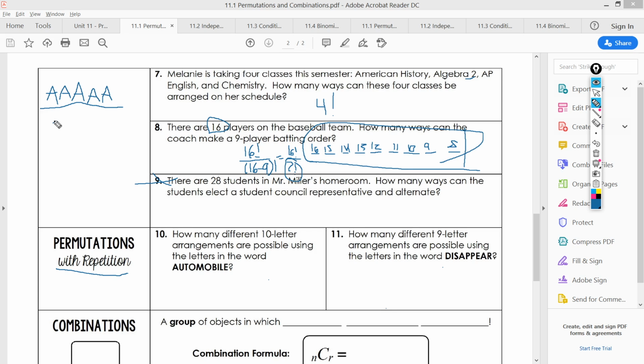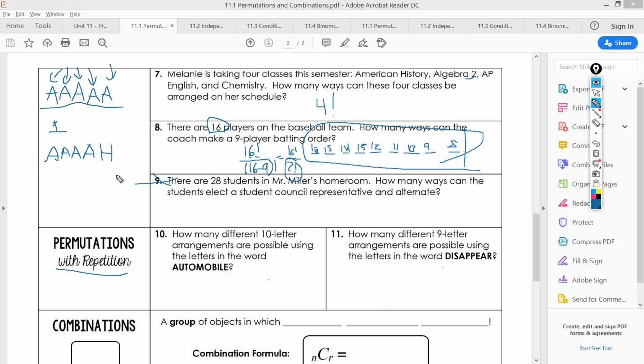There's only one way, right? There's only one way, because no matter how I move these around, it's exactly the same, right? And similarly, if I decide to lighten up on the A's a bit and make it a different word, how many ways can I order this?